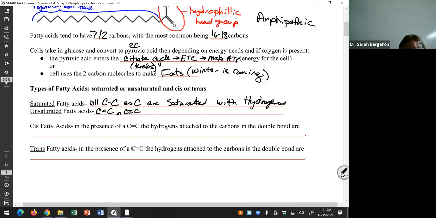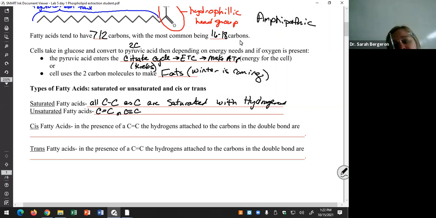So in cis fatty acids, anytime you have either a cis or a trans, you're going to have either a double or a triple bond, right? But in the case of cis fatty acids, the hydrogens attached to the carbons in the double bonds are, what does cis mean?